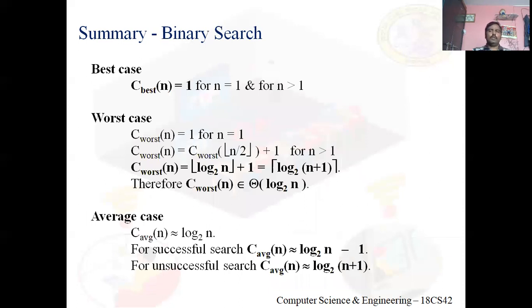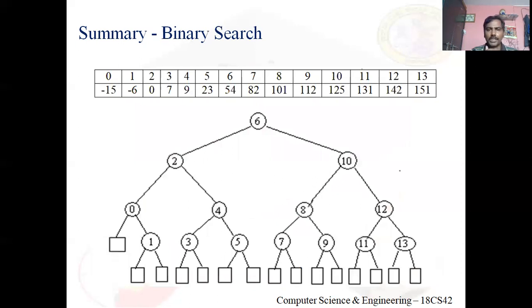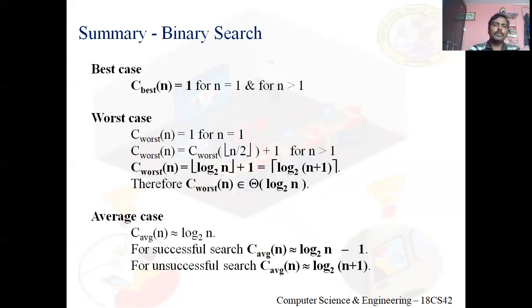The best case we have discussed is the mid element. Suppose I want to search for the mid element, element 54, index 6. I need to traverse from the root node to itself, meaning only one node in the traversal, so one comparison. That is the best case.